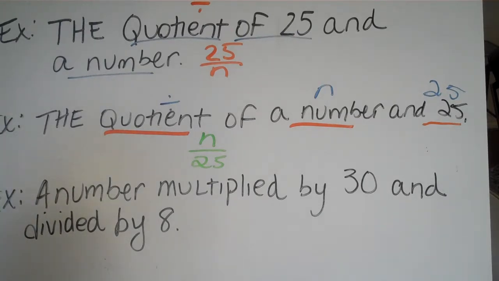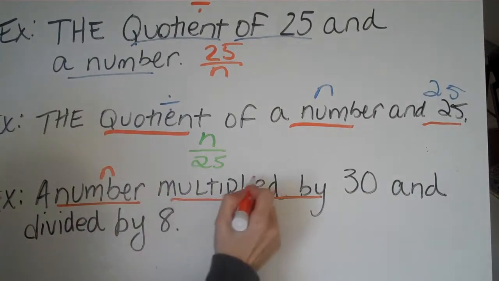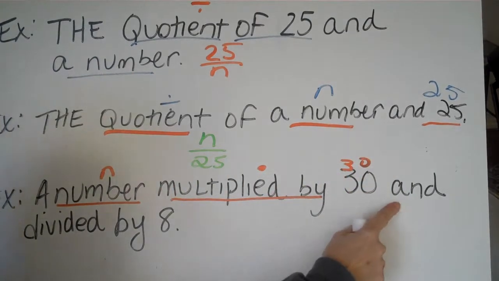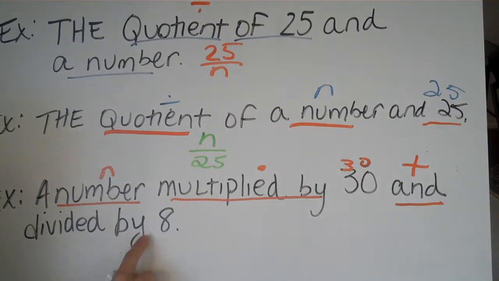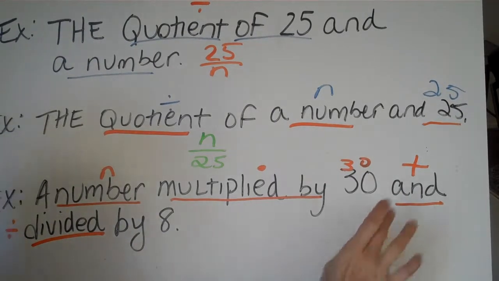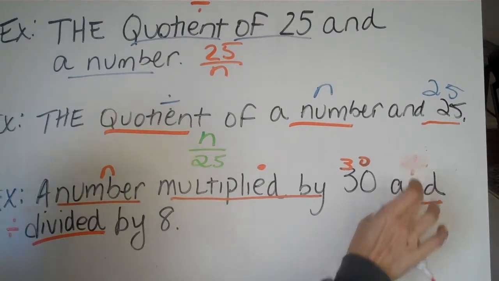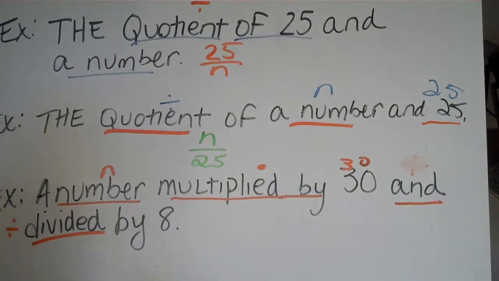Okay, last one. A number multiplied by 30, so a number n multiplied by 30, n times 30, and divided by 8. Actually, now that we've read the whole statement, we see it is a little different. A number multiplied by 30 divided by 8. Well, let's take the first part.